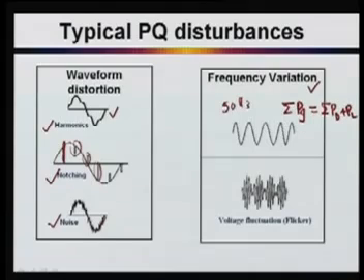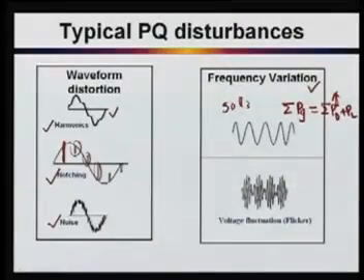But if, let's suppose, your demand is more than your generation, what will happen? Then we are consuming more power from the system, so whatever energy we have stored in the rotating mass, which has kinetic energy, can be utilized for delivering this power. If it is utilized, there will be a fall in the speed of the rotating mass and therefore a fall in the frequency.